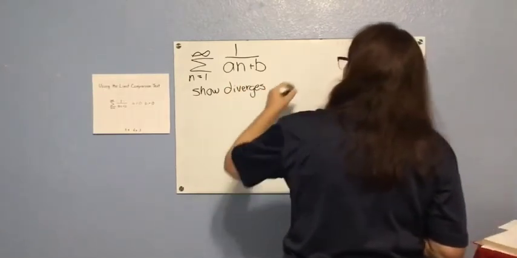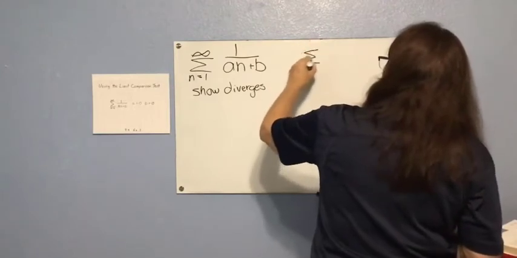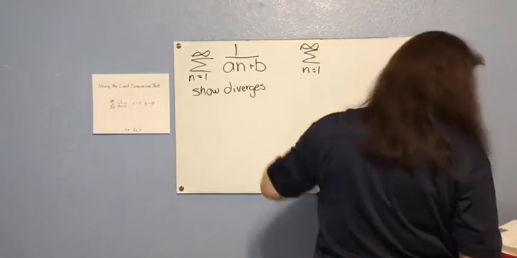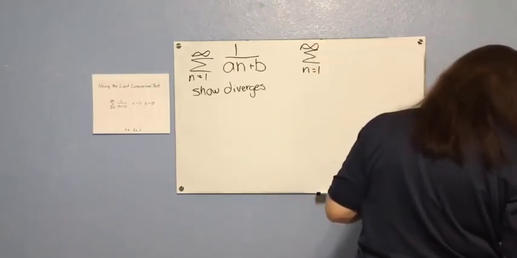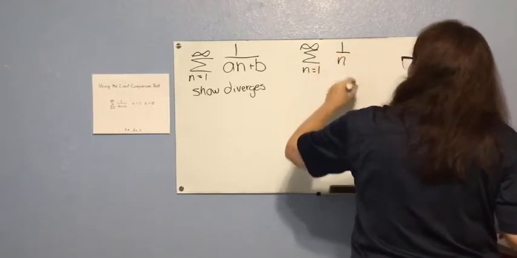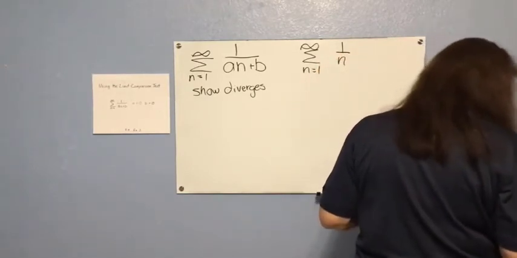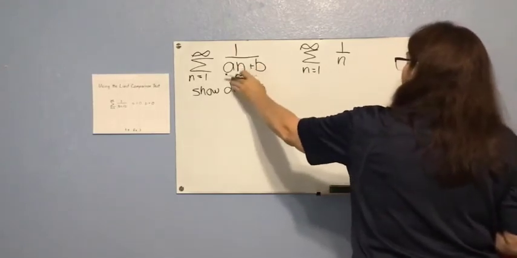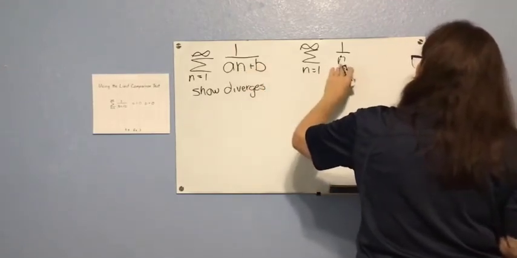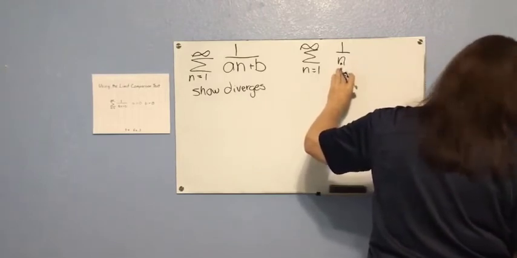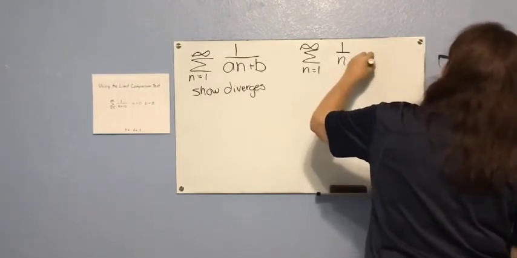And so we're going to compare with this limit. Okay, and this is just the harmonic series. This is the general harmonic series. This is the harmonic series. And we already know that this diverges.